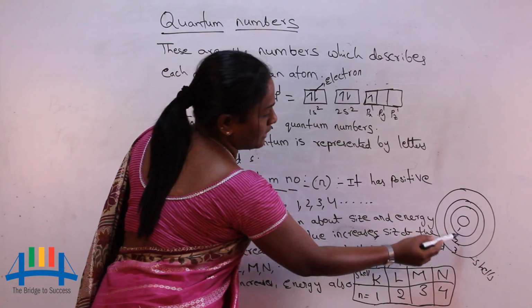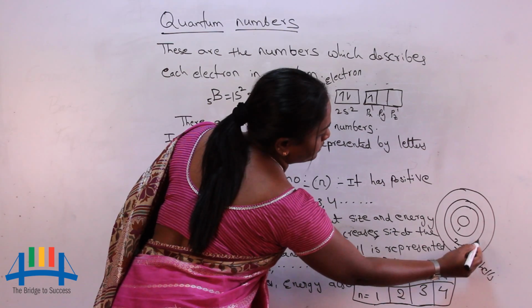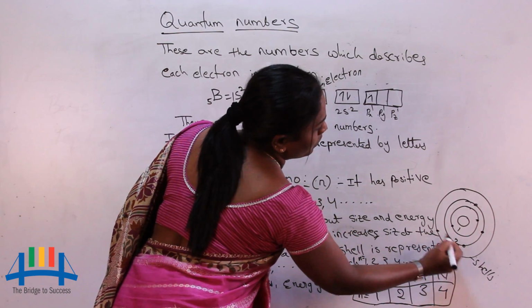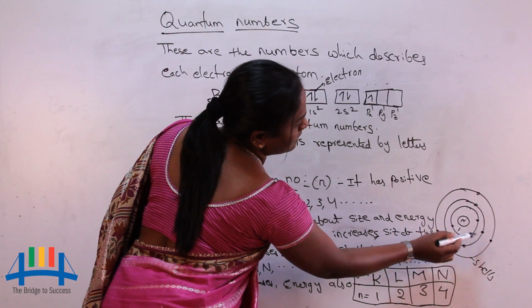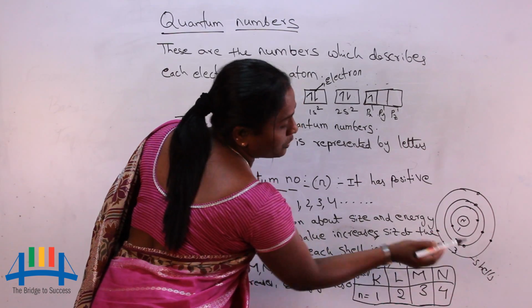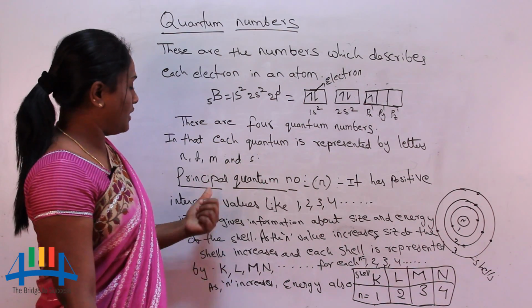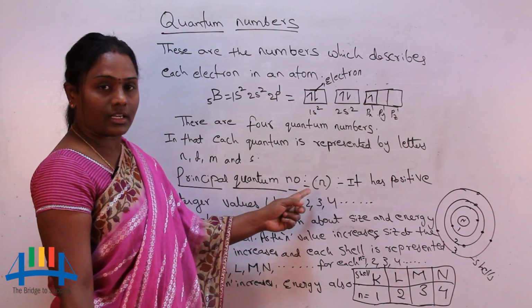When the size of the shells increases, the electrons present in the shells move far from the nucleus. This is the nucleus, and these electrons are moving very far from it. This information is given by the principal quantum number, represented by the letter n.